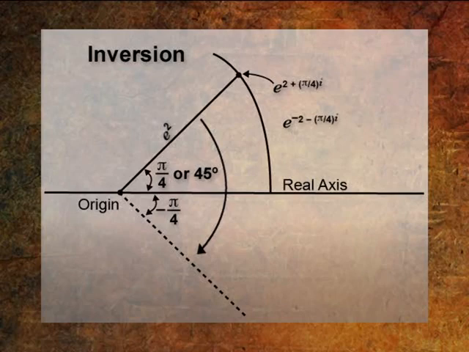Instead of moving above the real axis, we now move below the real axis. And so to take the reciprocal of a number is, first of all, to replace its distance by the reciprocal of that distance, and then to reflect that number over the real axis. So take the reflection across the real axis.